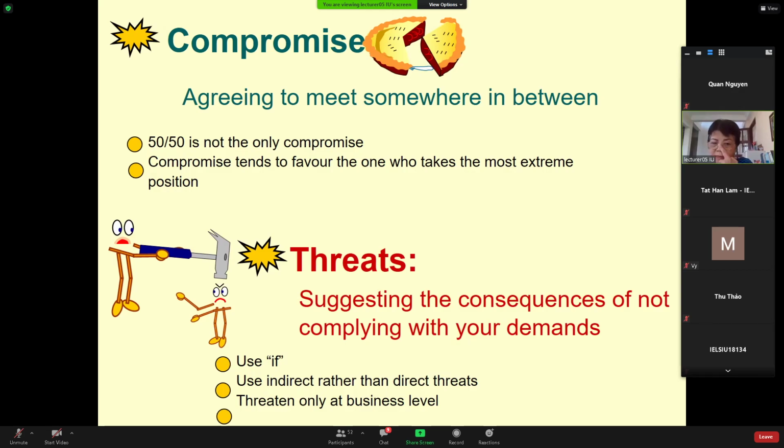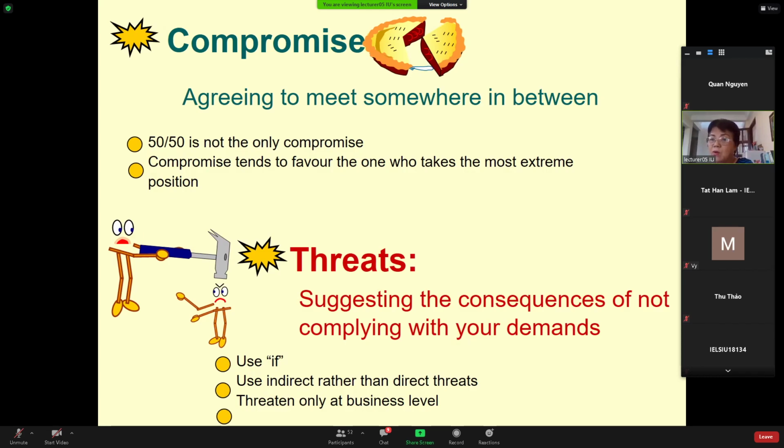And at the end, we also use some threats with our supplier. We suggest the consequence of not complying with our demand. We use indirect rather than direct threats, and we threaten only at the business level.